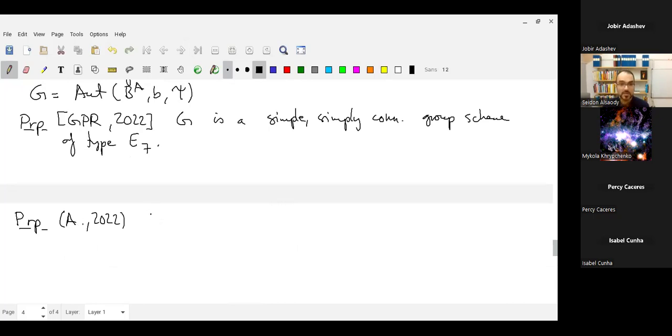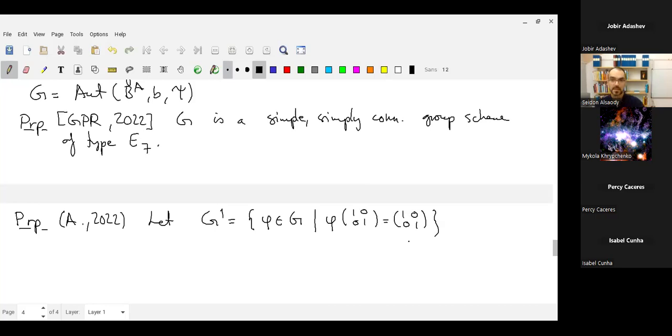And so let G1 be the set of all elements of G, so automorphisms of our Freudenthal triple system that fix the identity element. So remember, the underlying module of our Freudenthal triple system is a Brown algebra, and so it has a unity, and we require this to be fixed.